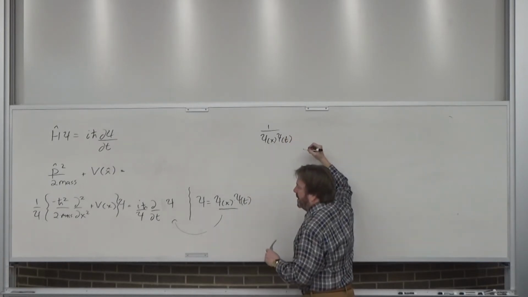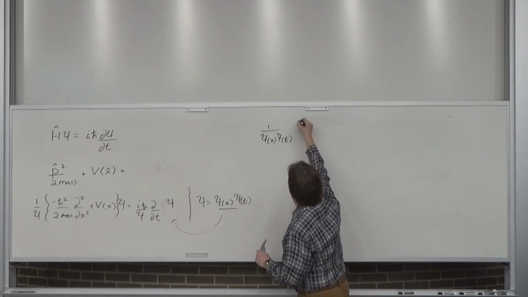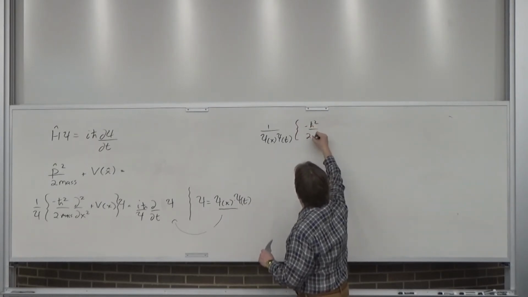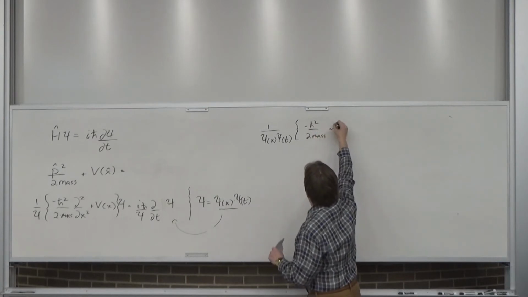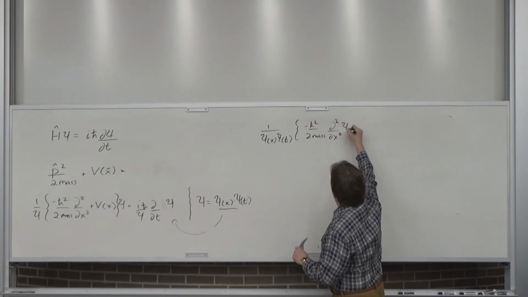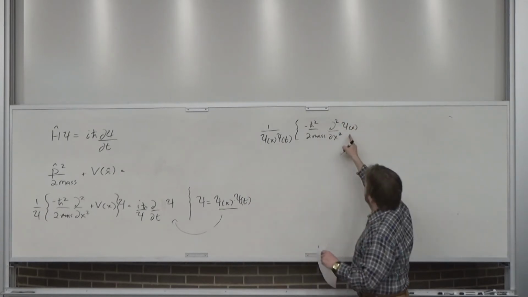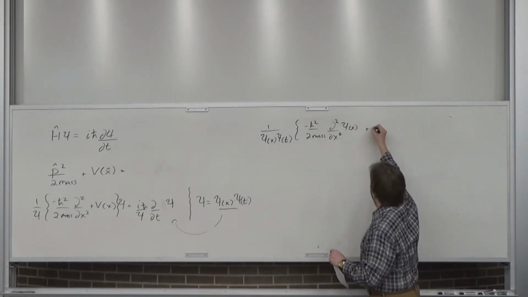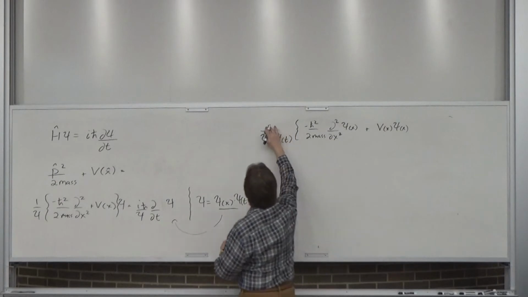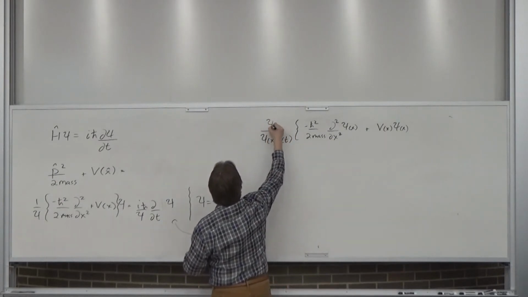Again, I'm just going to do this just in x. And we all know that the x wave function is going to get caught by these operators, but the t one can pass right through.